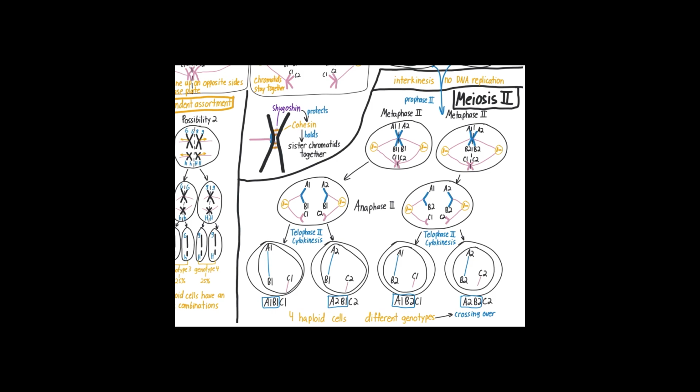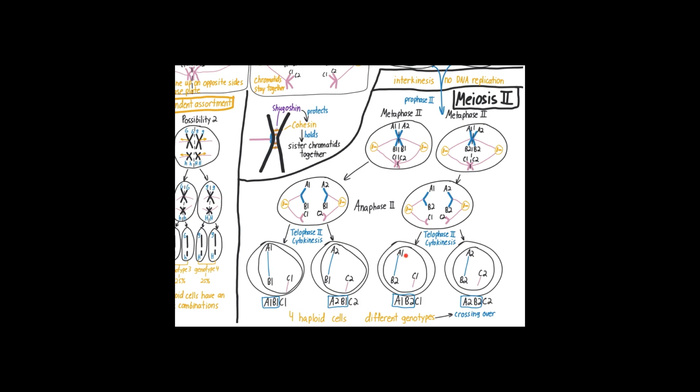We also see that this cell with the A1B1 blue chromosome also happened to inherit a pink chromosome with the C1 allele, and the A2B1 blue chromosome just happened to also get a pink chromosome with the C2 allele on it.